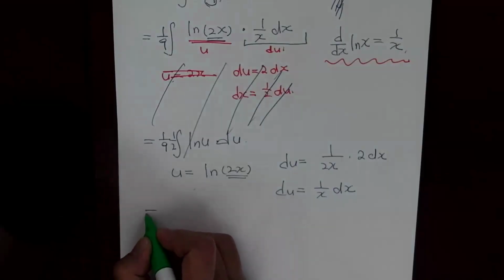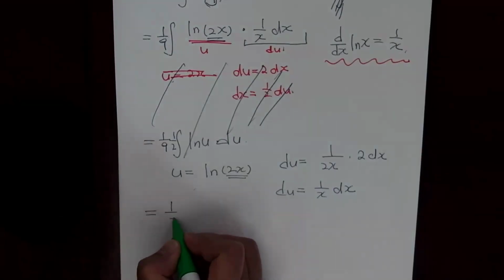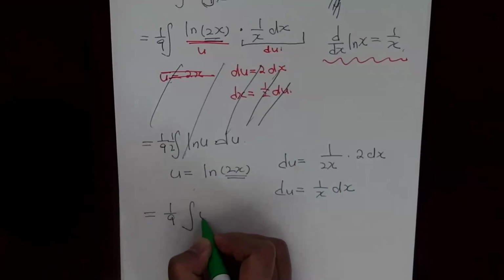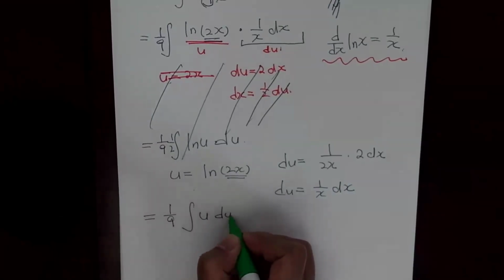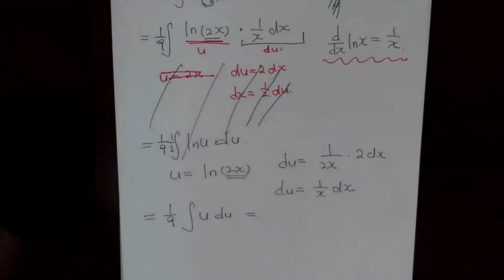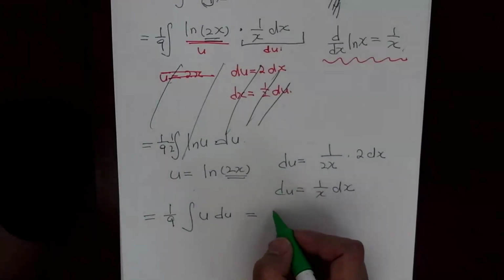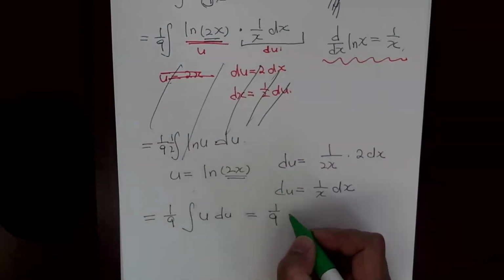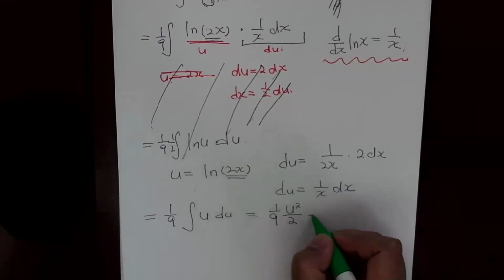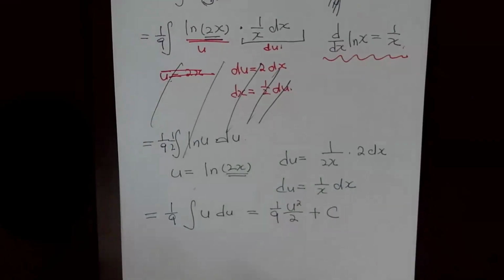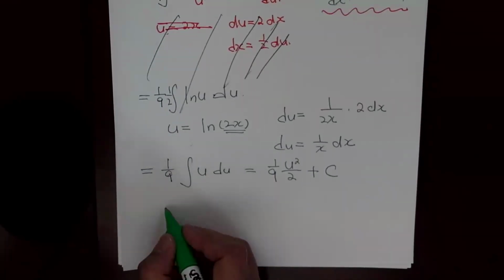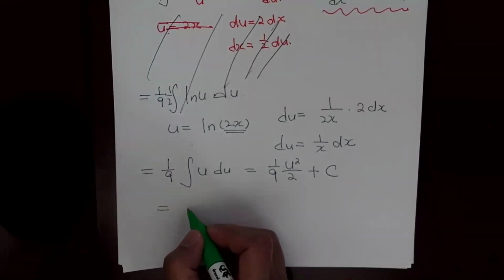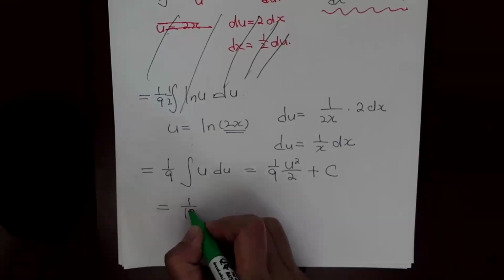Right, so let me write it down again. 1 over 9 integration u du. So it became just the simplest form of the function. And then the integration is u squared over 2 plus c. So that is 1 over 18.